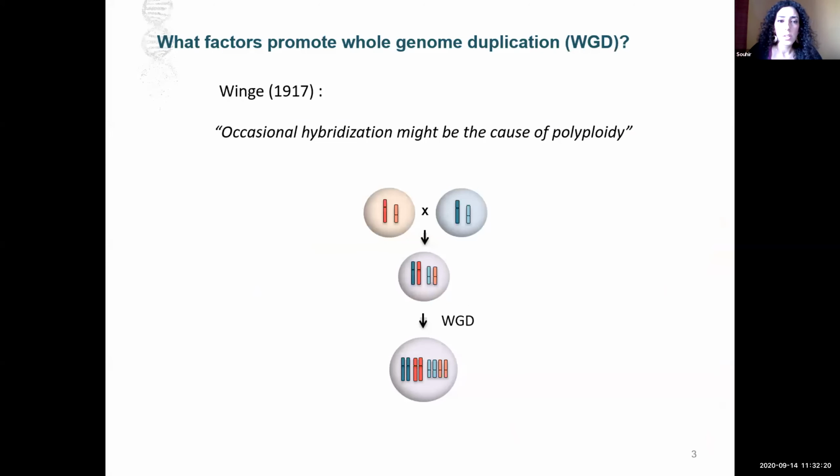A relevant hypothesis was proposed in the early 20th century by Winge, who proposed that hybridization might be the cause of polyploidy. This concept has since been developed and refined by the most important plant evolutionary biologists, and there is still an ongoing debate about whether or not the extent of parental divergence will drive whole genome duplication.